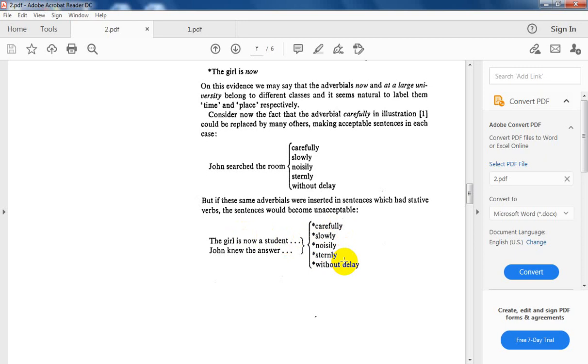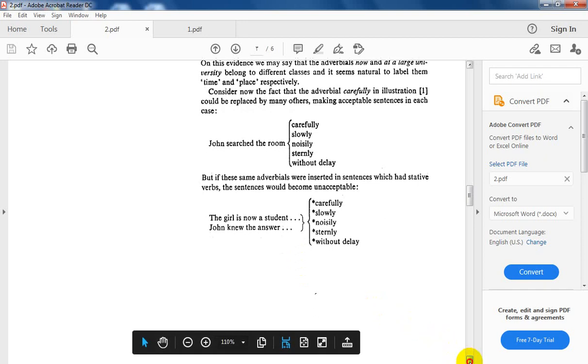They have to describe a dynamic verb. Every process, every manner adverb should describe, or should be present with, a dynamic verb, not with a stative verb. When they want to describe the be verb, there is no action to be described. How can I describe the be verb as careful? The same with the new one.